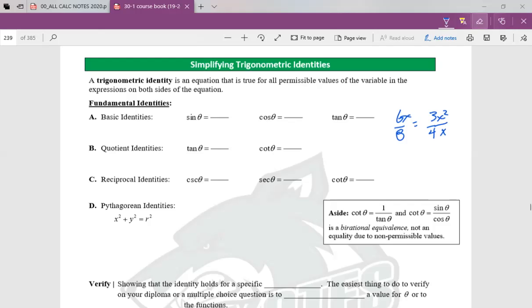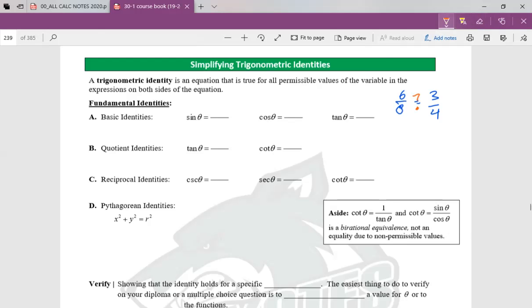What we're going to look at in this section is going to be a lot more complicated than is 6 over 8 equal to 3 over 4. But that's kind of the idea, is we are going to try to show that these two objects are equal to each other. What we're going to end up doing is something like this, if we have 6 over 8 equal to 3 over 4, it's almost like we have a different symbol. It's almost like we have, is it equal?